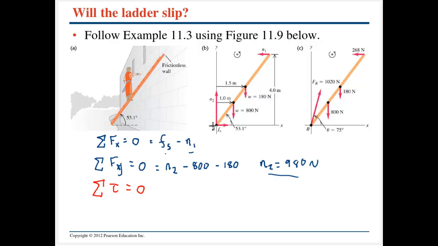The best point to choose is going to be point B right there, about the bottom of the ladder. The reason I choose the bottom of the ladder is because I don't know what that frictional force is. So I can choose my pivot point such that the frictional force acts with a lever arm of 0, and it will produce no torque.